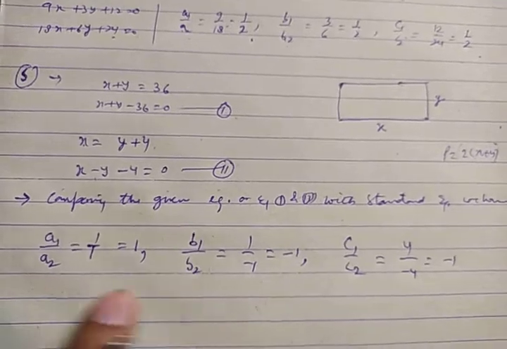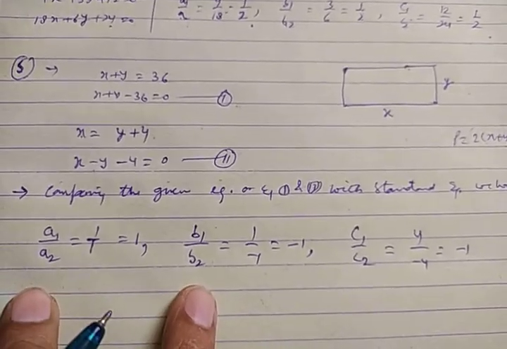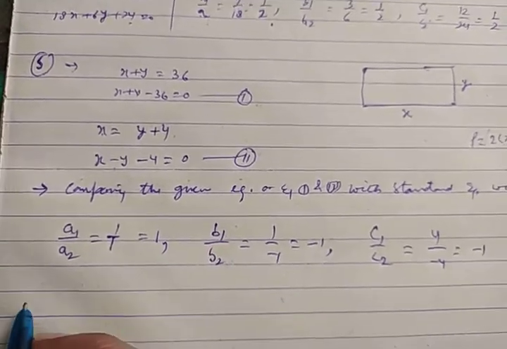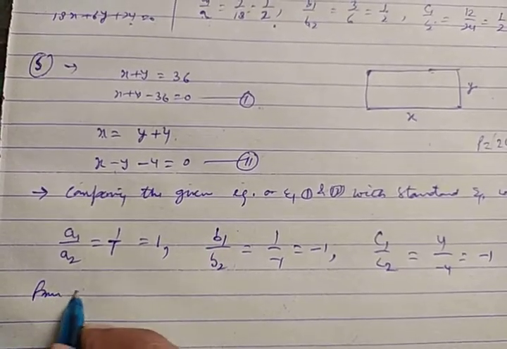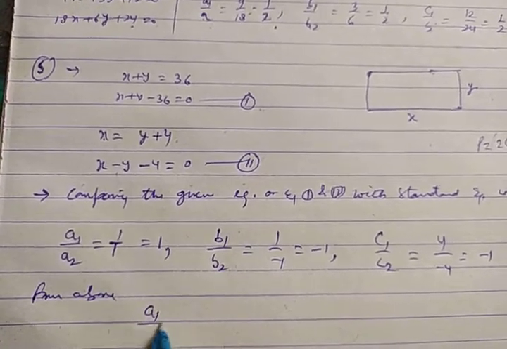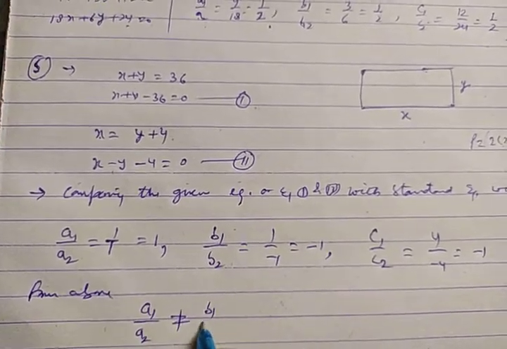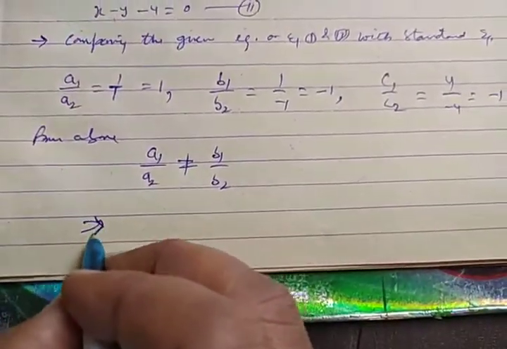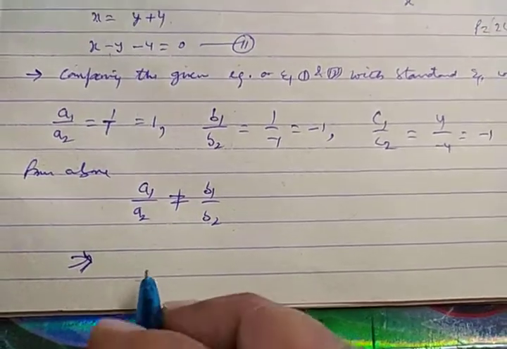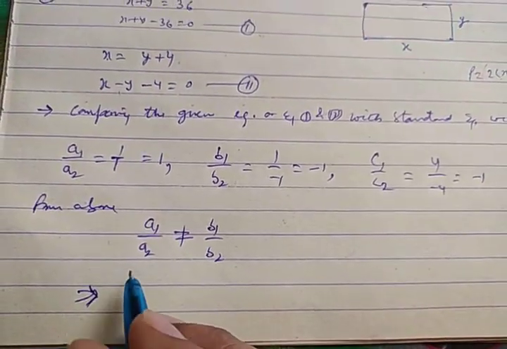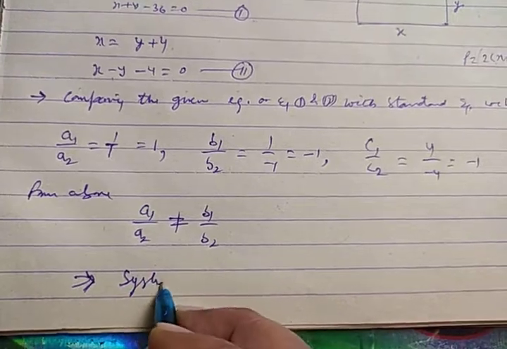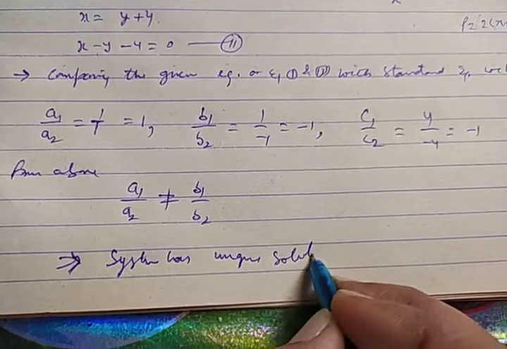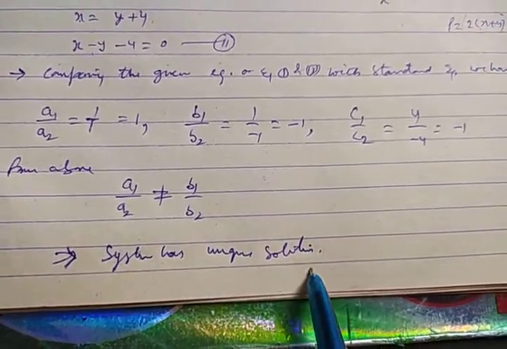You will calculate all three, but first compare these two. a1/a2 is 1, b1/b2 is -1. So what do you conclude from above? a1/a2 is not equal to b1/b2. This implies that the system has a unique solution.